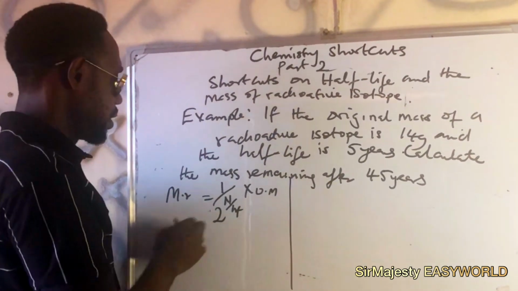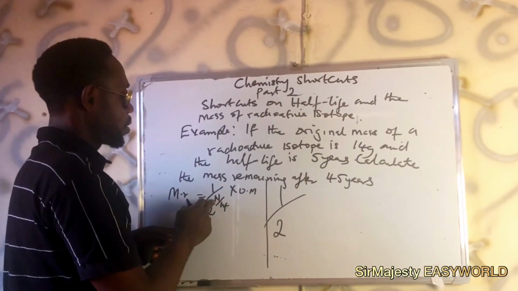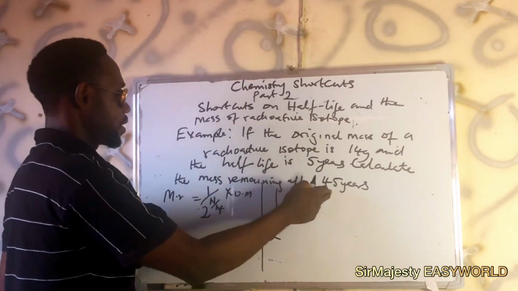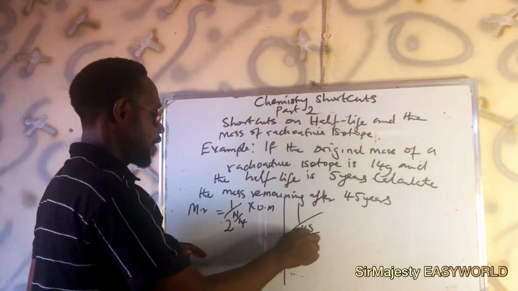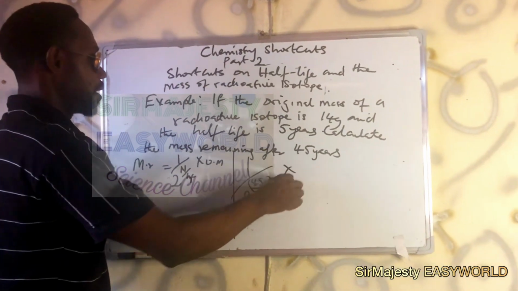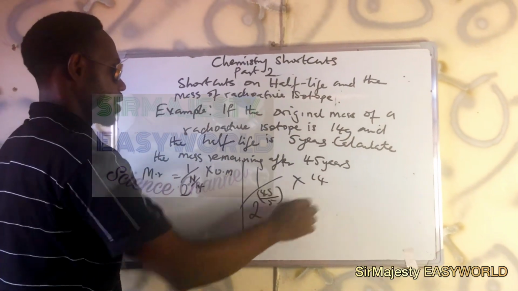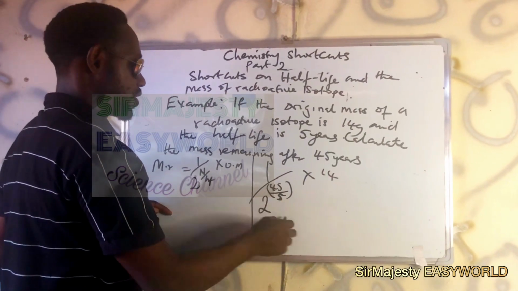So interpreting this, we now say 1 over 2 raised to power what's the number of years we are calculating for? They say after 45 years. Divide the 45 by half-life, which is 5 years, then times the original mass, which is 14. Now, 45 divided by 5 is 9.